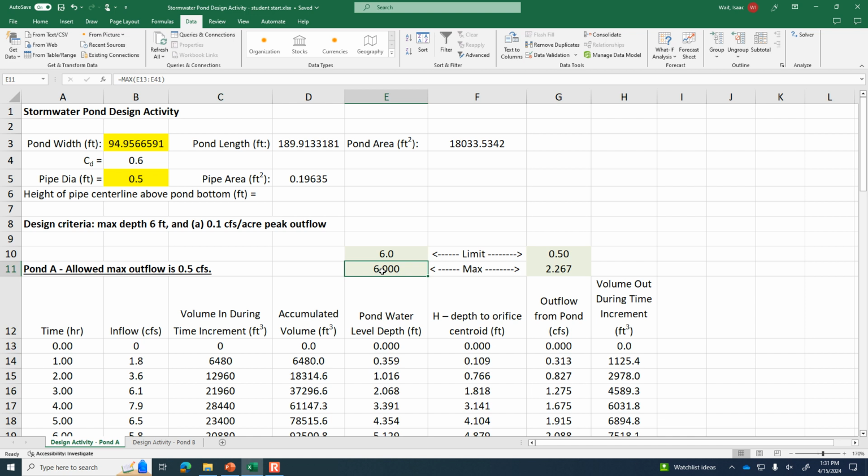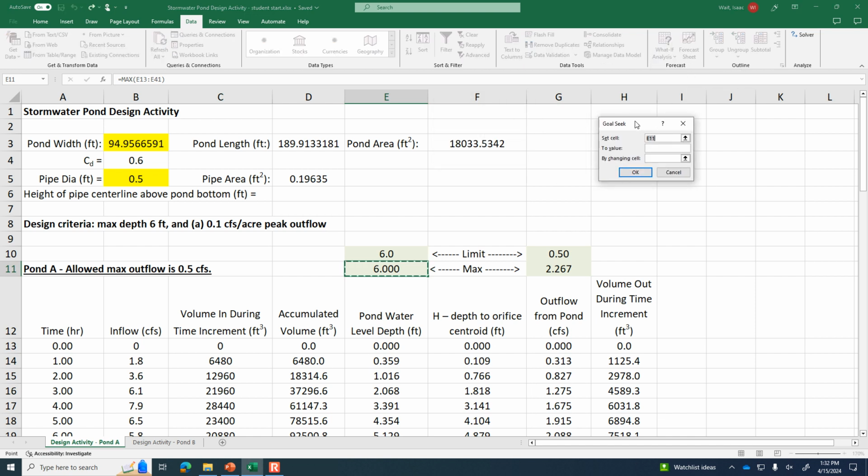So we'll have to go back and forth maybe a couple of times. Let's do a goal seek, what-if analysis, goal seek on the maximum outflow. It should be a value of 0.5, and it can change pipe diameter.